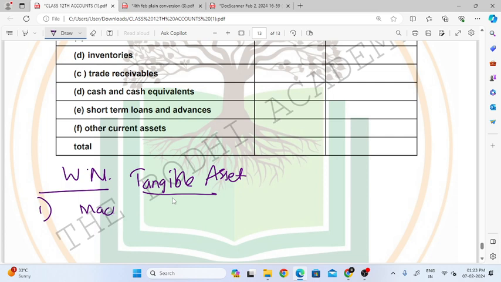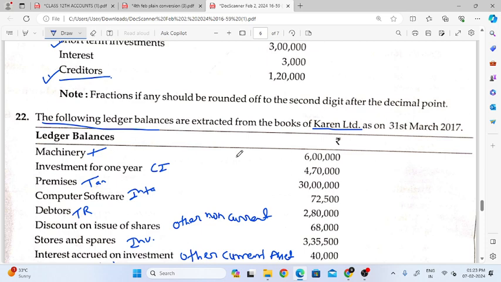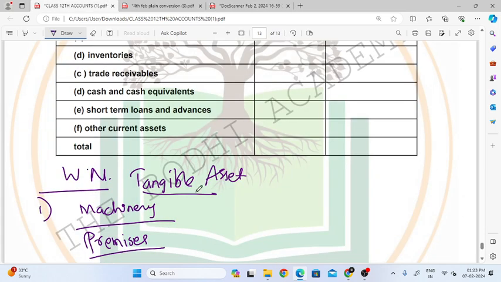First one is machinery and we have premises. So machinery is 6 lakh and premises is 30 lakhs.